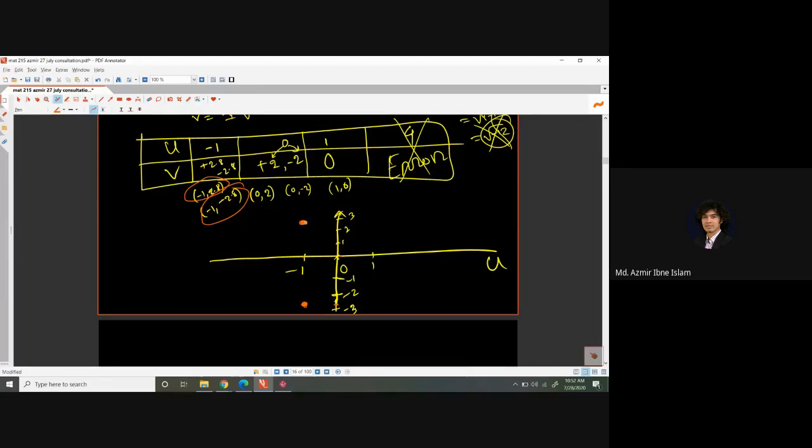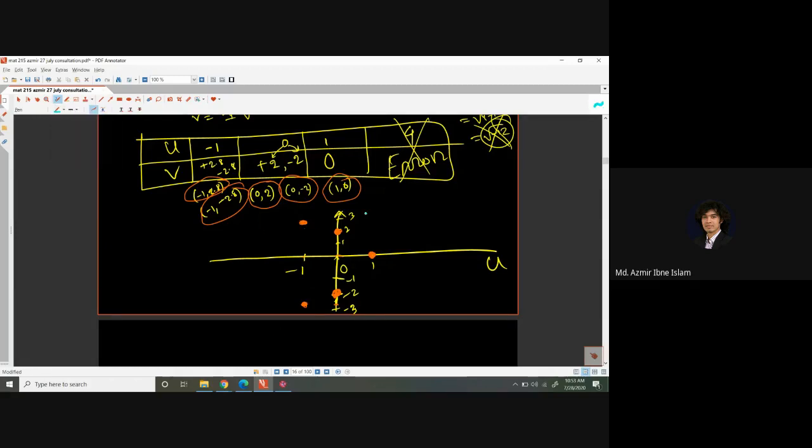Clear? Yes, sir. At the same time, for this one, we have 0, +2, 0, -2. Let's figure out at first this one. 0, -2 is here, and 0, +2 is here. We are just locating the points. And finally, we have 1, 0. The 1, 0 point is here. So we have so many points, 1, 2, 3, 4, 5, that are enough.